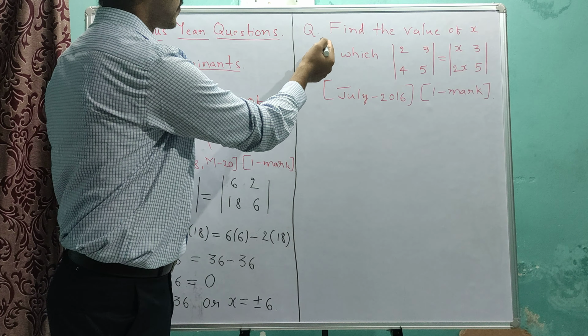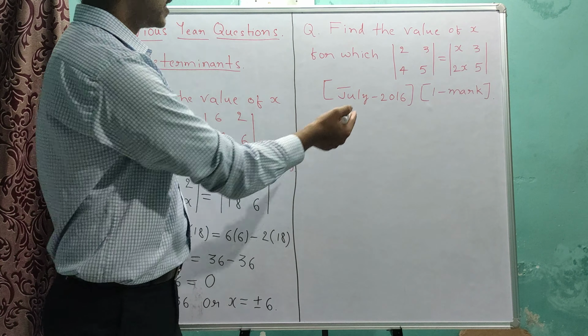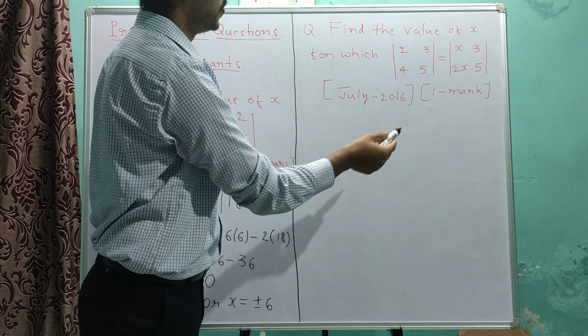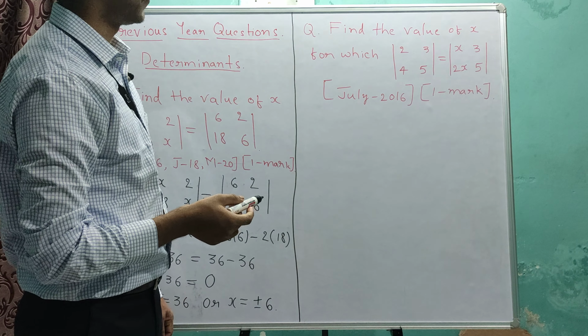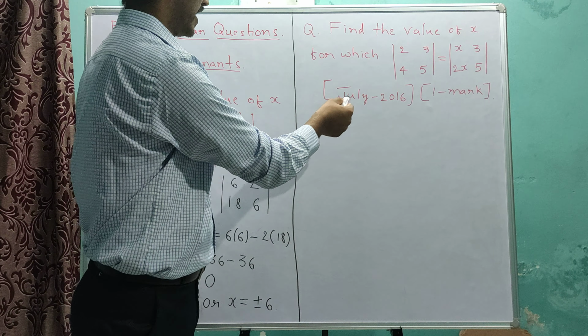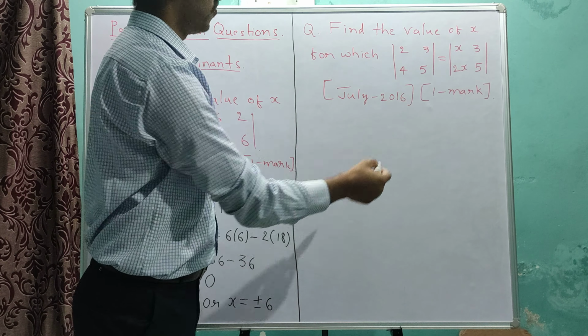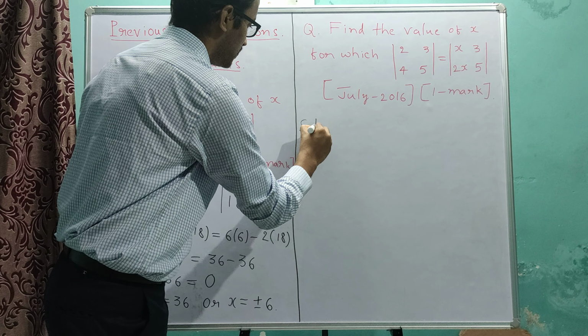Next question: find the value of x for which the determinant of 2, 3, 4, 5 is equal to the determinant of x, 3, 2x, 5. This is asked in July 2016. It is also a 1 mark question. So let us solve this problem.